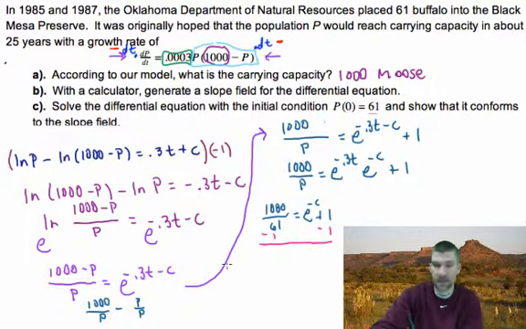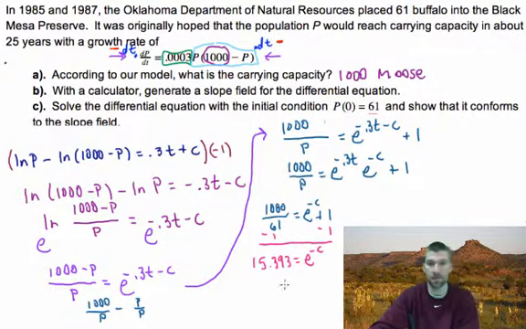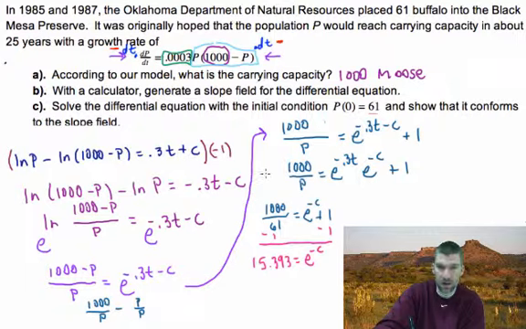And so when I get done, over here on the left, I should get 15.393 equals e to the negative c. Okay, so everywhere I see e to the negative c, I can put in 15.393. All right? Well, that's back up here on this guy.